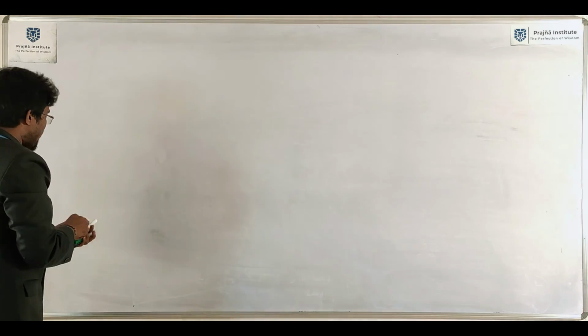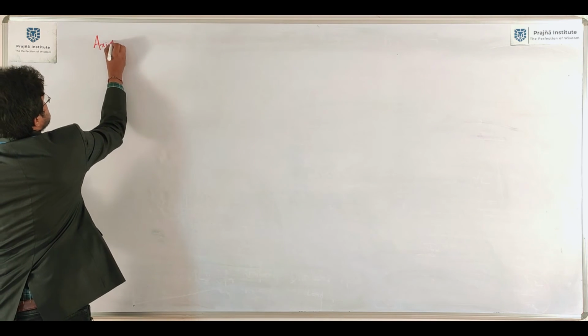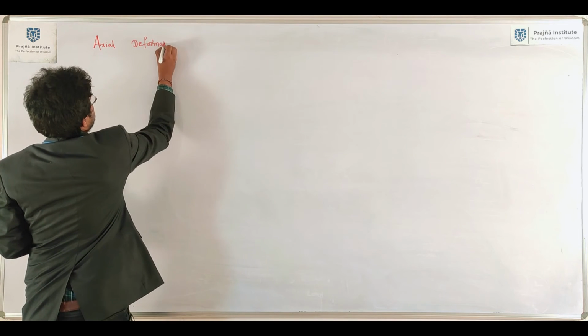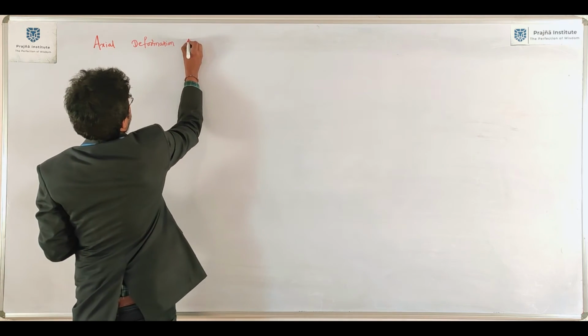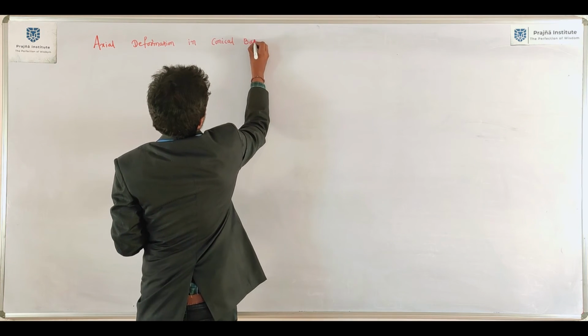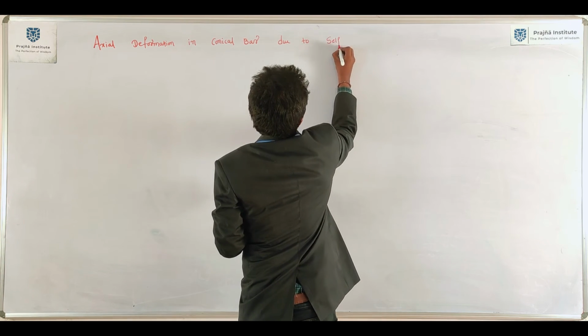Write down: axial deformation in a conical bar due to self weight.